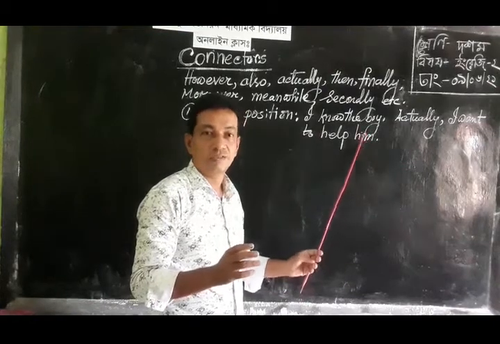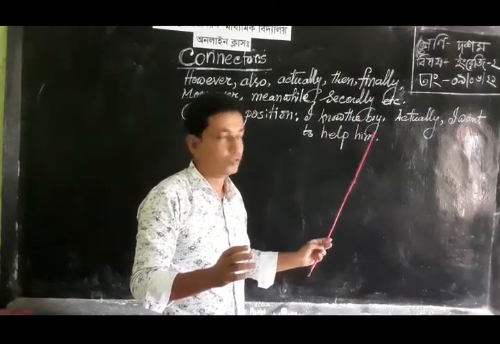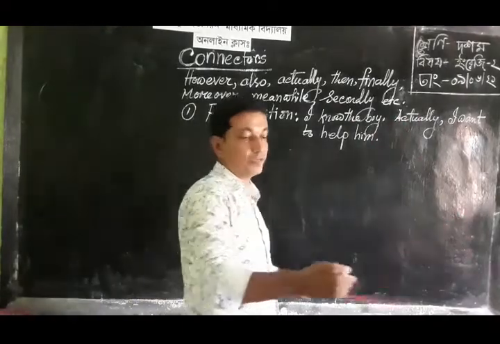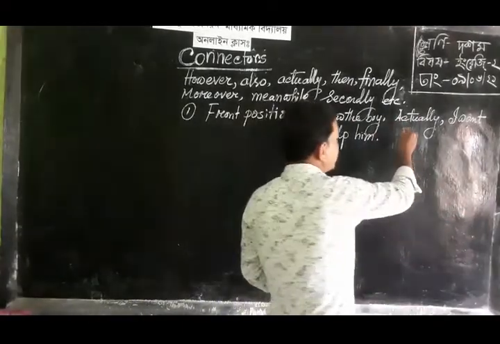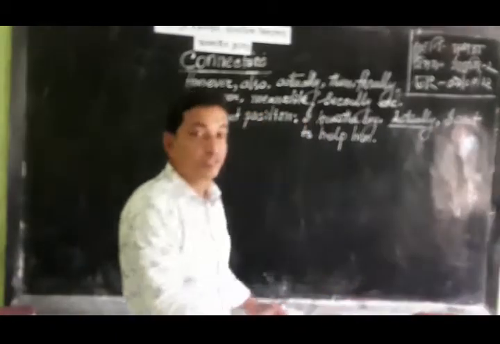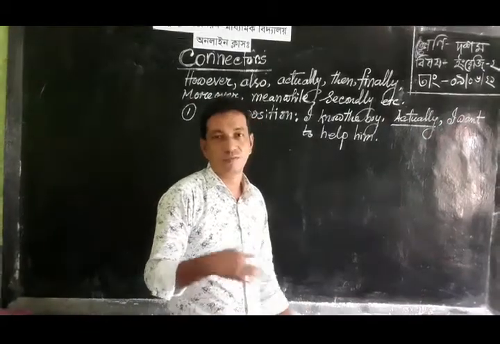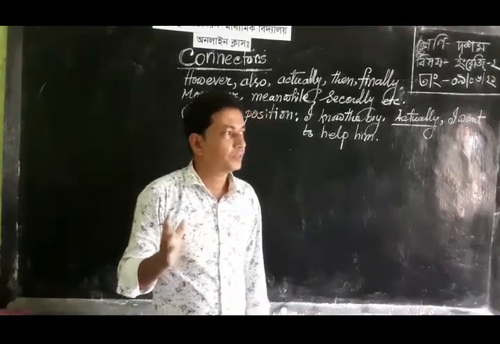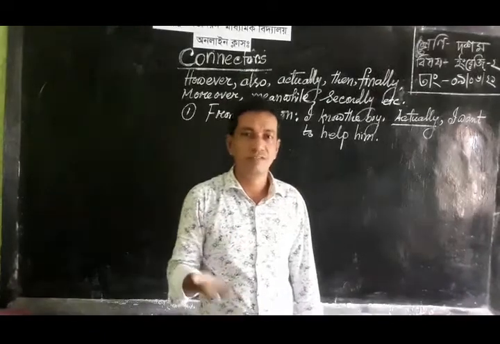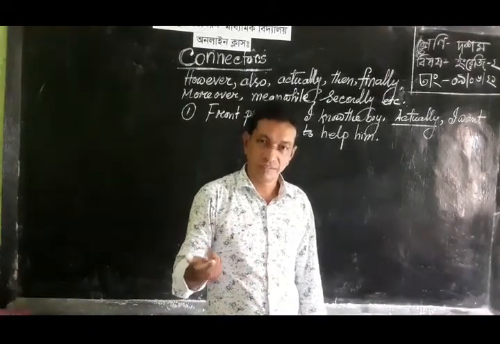This is another sentence, and this sentence connects with the first sentence. So, actually is a connector. And you have noticed that actually sits before starting the sentence. We normally know that a sentence generally starts with the subject in case of assertive sentence.